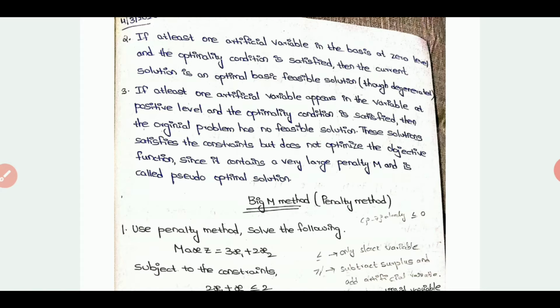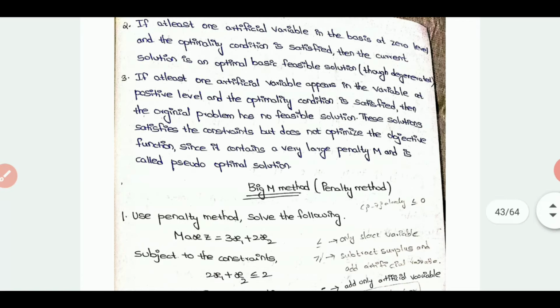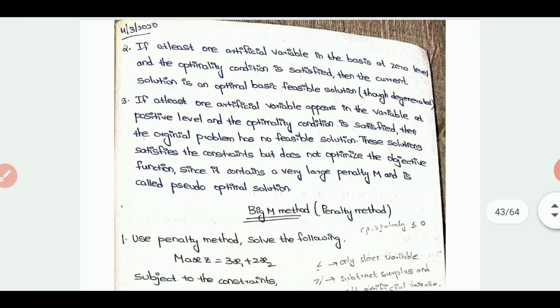After adding the artificial variable, we will follow the remaining process same as the simplex table in order to get a basic feasible solution. In Big M, any of three conditions must be satisfied. The first condition is there must be no artificial variable in the basis, then only the basic feasible solution is obtained.